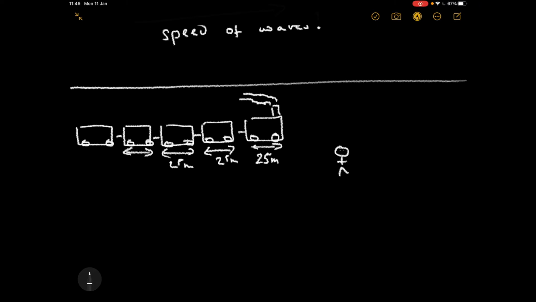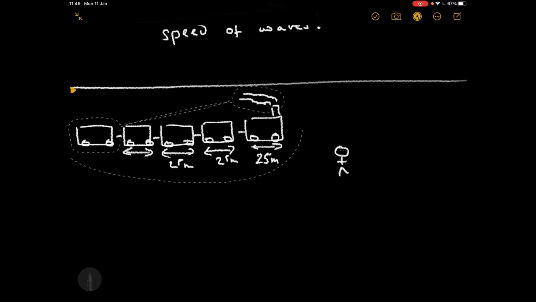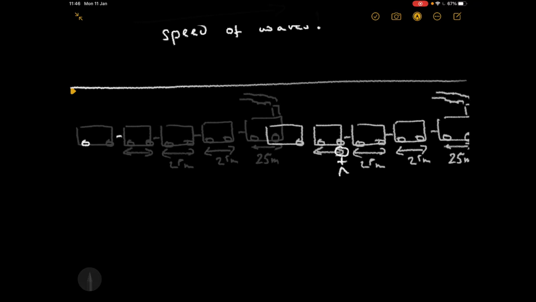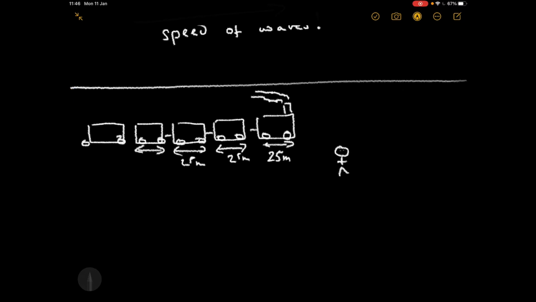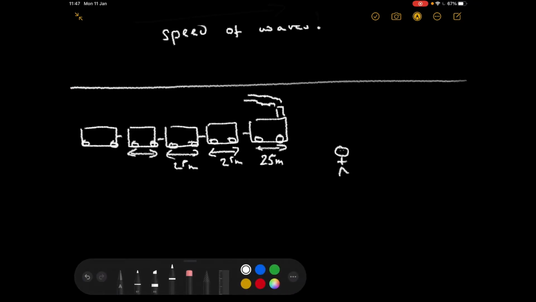So all of them are 25 meters, and they count, and in 1 second they see 3 carriages go past them.